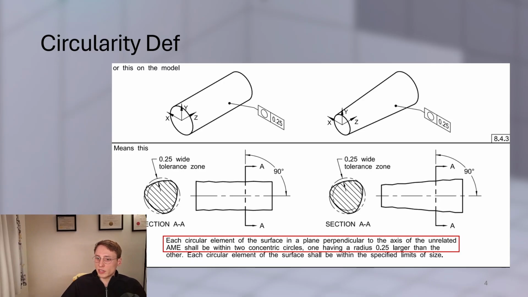But in the 2018 standard, on this image here, they added the note: each circular element of the surface in a plane perpendicular to the axis of the unrelated actual mating envelope. So the axis, or spine for a curved circular feature, would be the unrelated actual mating envelope. And this is interesting. This got me wondering, how does this relate to cylindricity? Because I couldn't find that note anywhere in cylindricity.